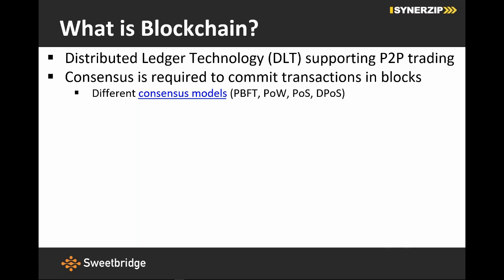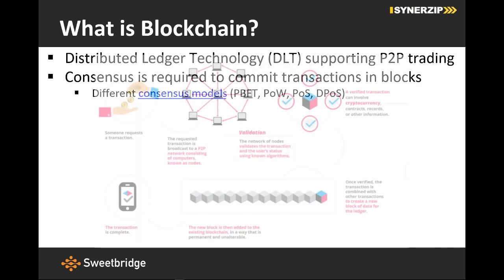It supports peer-to-peer trading. I'll go over some of the different types of blockchains in a minute, but the common thing between them is the idea of consensus: being able to accept and validate transactions through a consensus model. What exactly does that mean?